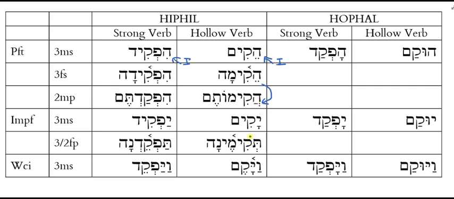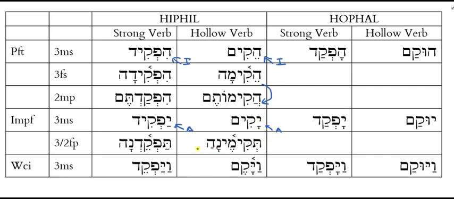All right. Now for the imperfect, I have yafkid. And for the hollow verb, yakim. Again, my vowel classes are the same whether we're strong or hollow. It's an A class vowel, and I have a Keurig yod theme vowel. But there's 3 consonants in the strong verb, only 2 here, so my prefix syllable has to be open and long.